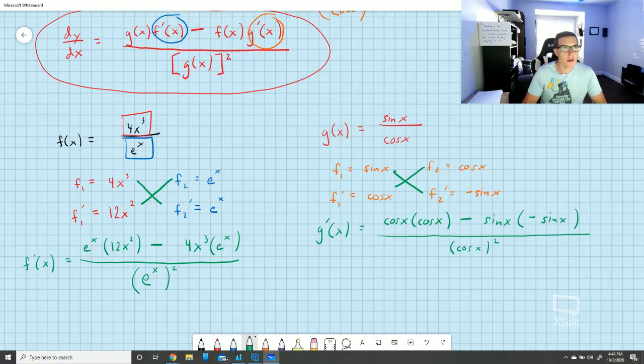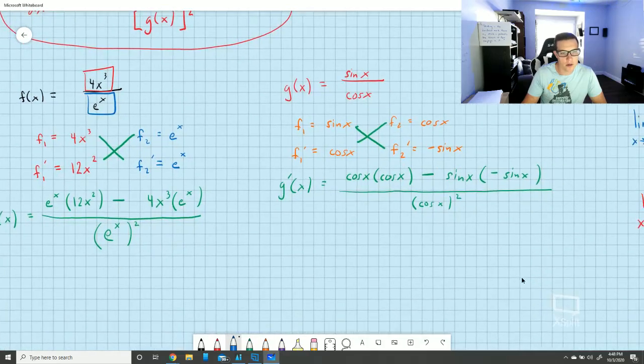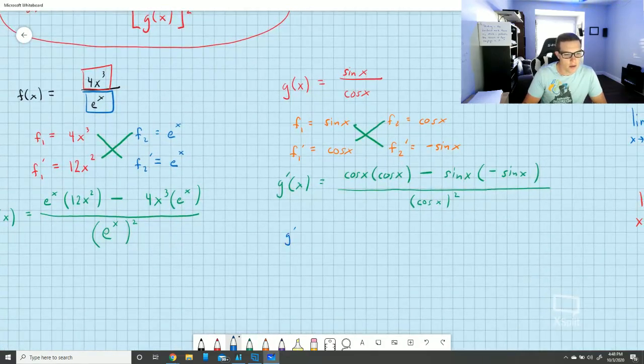And this is fine, but check it out. We can actually simplify this one a little bit more. If we have two cosines, that's the same as cosine squared of x. Two negatives make a plus. And we have sine x times sine x, so sine squared of x, all over cosine squared x.